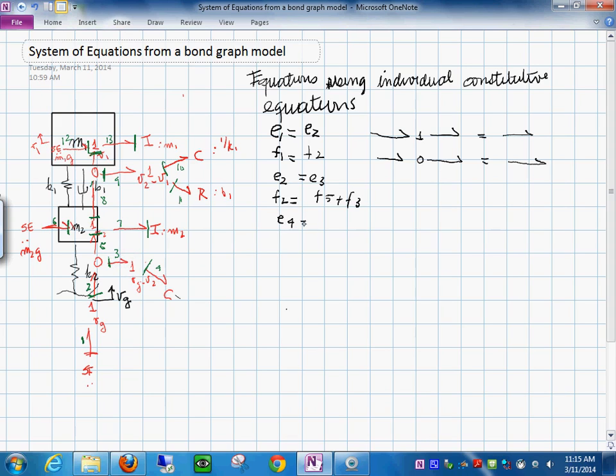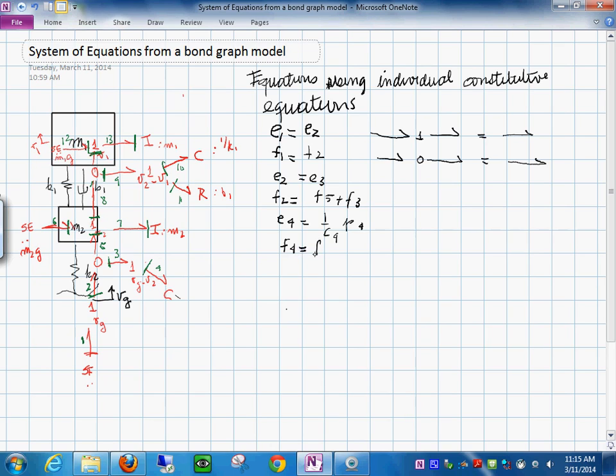So E4 is equal to 1 over C sub 4 times P sub 4, like that. This is the integral form of the C element. What is F sub 4?